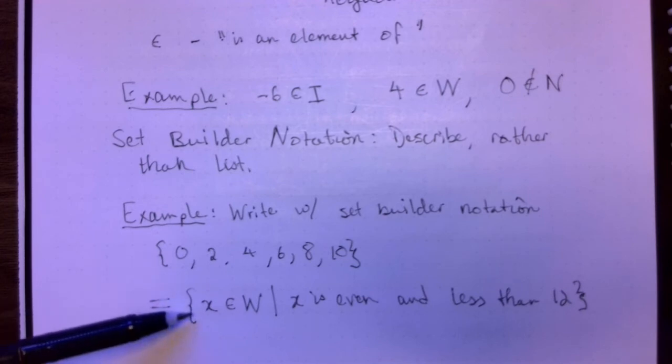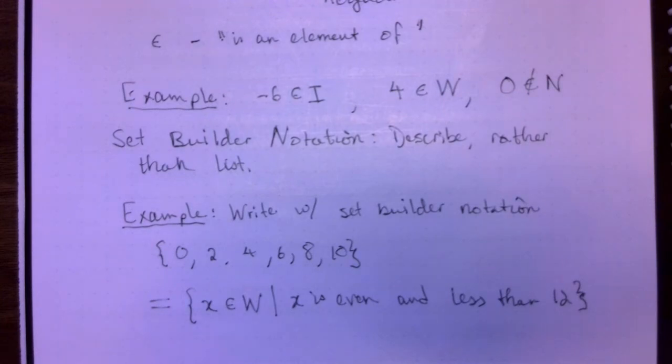So we would have to go to set builder notation. For example, if I wanted to talk about the set of all freshman students at SWOSU, I guess it's possible that I could list out their names, but it would be a very long list, so it wouldn't be that helpful. It's probably better to just describe it, which is set builder notation.